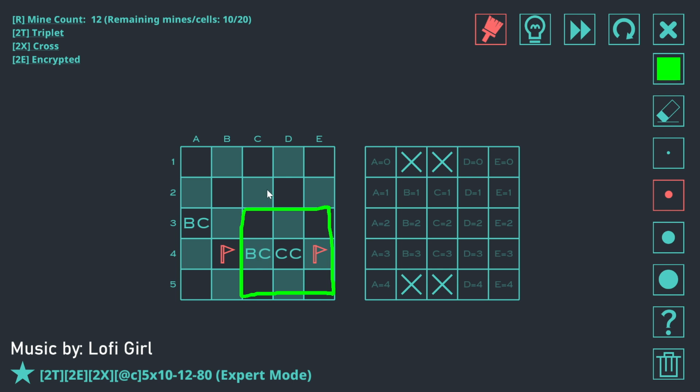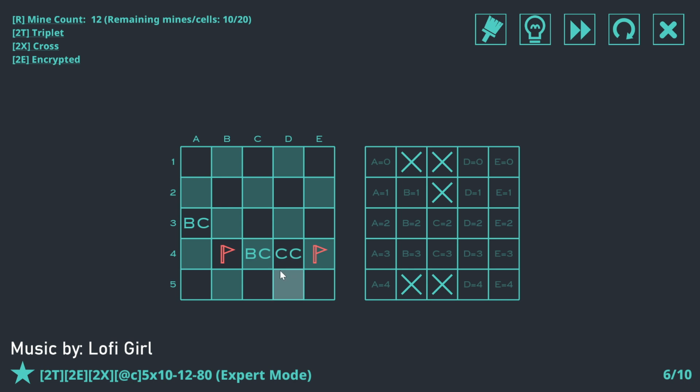Because if a row did not have a mine, then it would just form a triplet. It would break triplet. Therefore, every row must have at least 1 mine. By that logic, this 3x3 here must have at least 3 mines, and therefore this value can't have a total value of 2. Can't have a value of 2 or less, basically. And therefore, C can't be equal to 1. If it were equal to 1, you have a value of 2, and that will break triplet. So C can't be 1. C is at least 2.